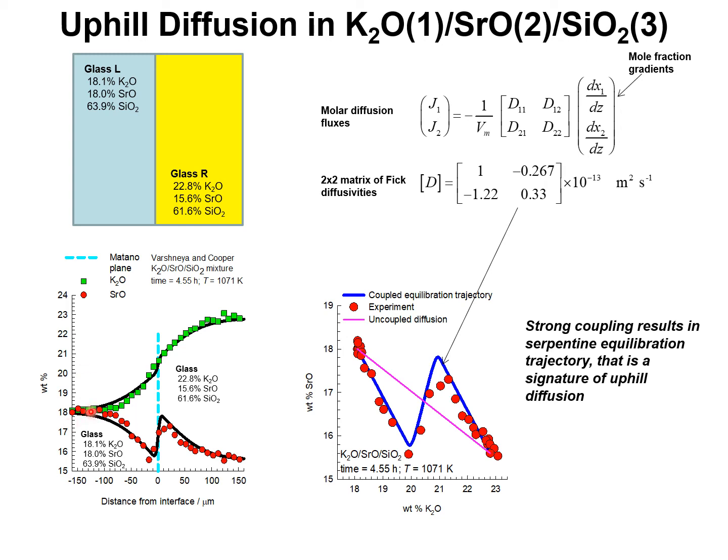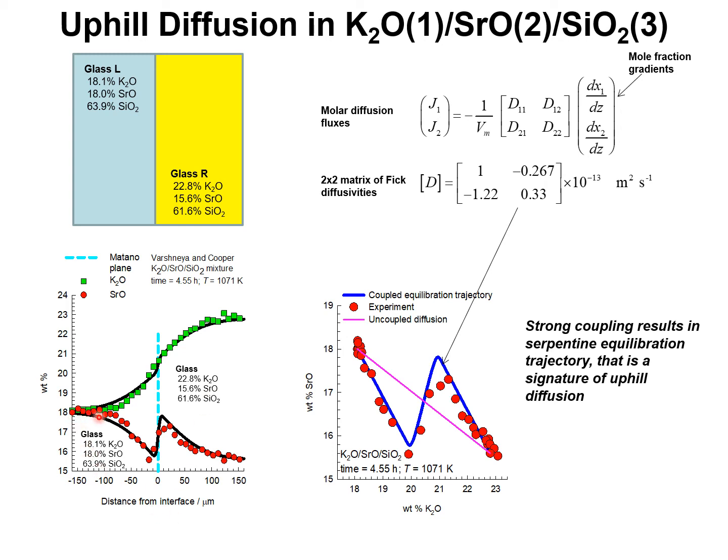The weight percentage of potassium oxide is indicated by the green squares here, and the red circles show the compositions for strontium oxide on either side of the interface between the two slabs.